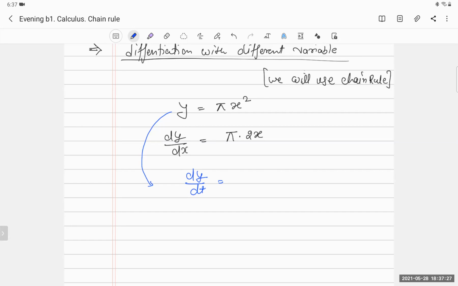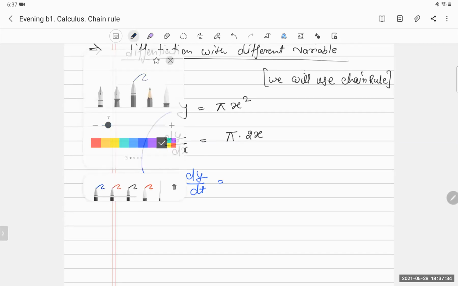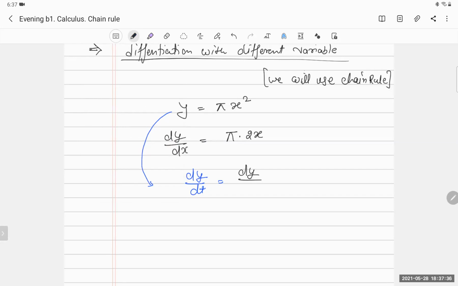Yes. So there are two methods. Either you can solve it like this. You say, okay, I will write it as dy by dx dot dx by dt, right? Or dx will cancel out and you will get dy by dt. What is dy by dx?